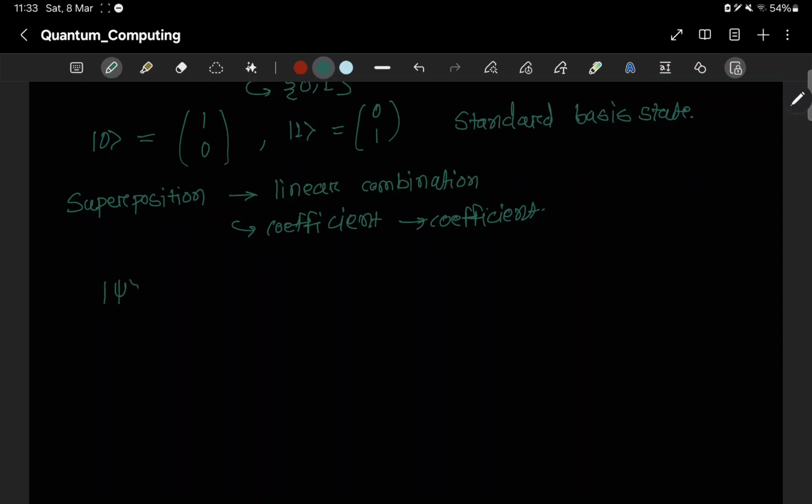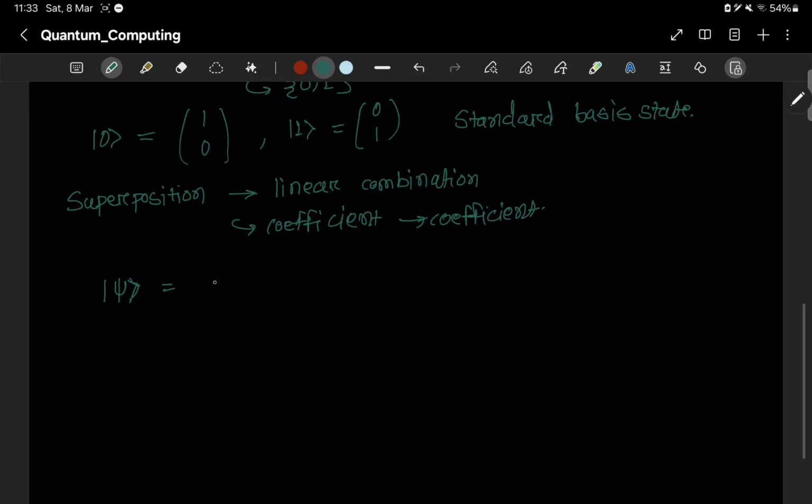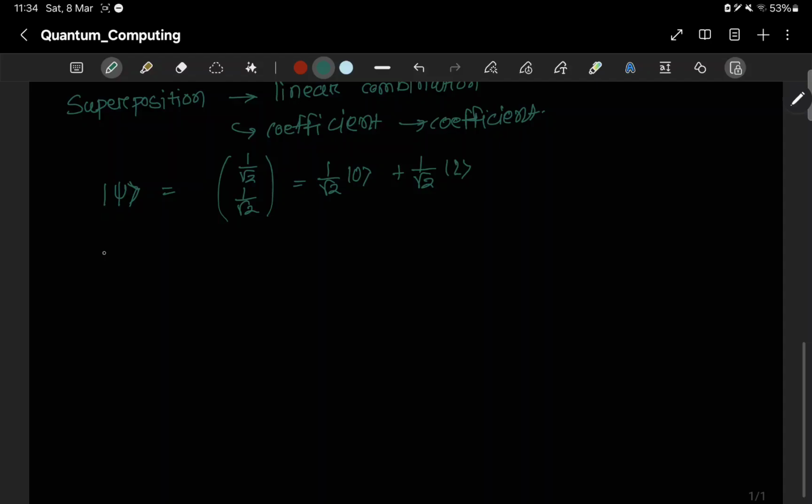Let me represent that quantum state, or superposition state, as psi. It is any abstract quantum state, actually. If I represent it as (1/root 2, 1/root 2), this means 1/root 2 of the 0 state and 1/root 2 of the 1 state. So this is a complex coefficient, this is another complex coefficient, but in this case the imaginary part is 0 basically. Let's represent some other state, phi, let's say, and we represent it as (1 plus 2i)/3, minus 2/3.